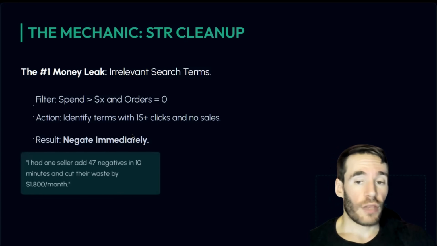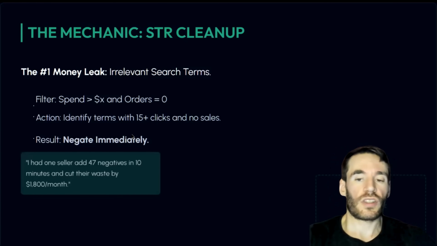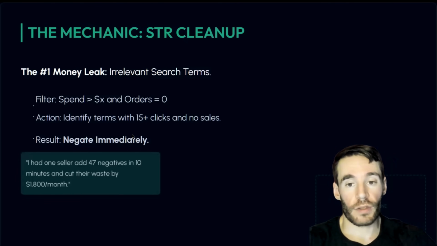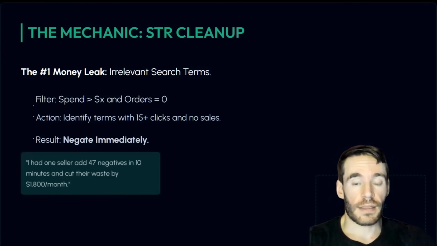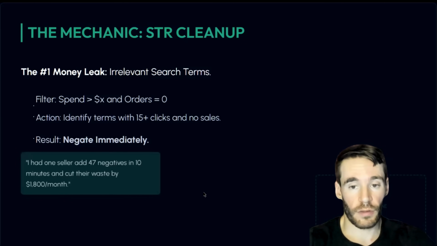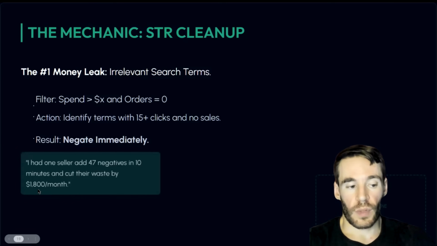You negate this, you can do it in a few hours, this process already. And in 24 hours, you have already better ads. So this is a secret process that we use, and I suggest you to implement it if you want to get results fast. So for example, sellers where they negate 46 search terms in 10 minutes and already cut the waste by thousands and thousands per month.